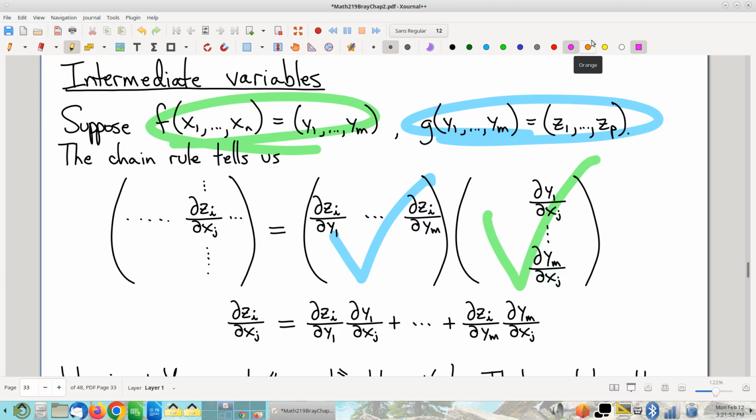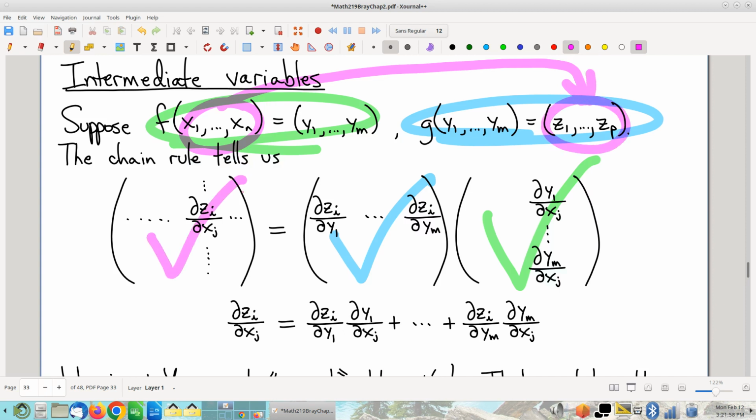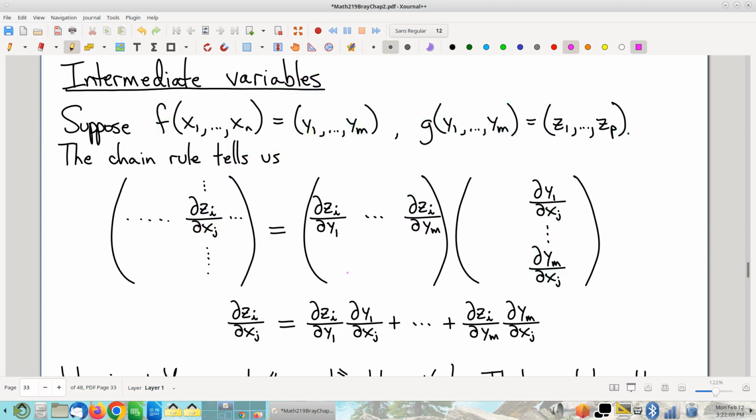And then the composition that takes the x's all the way to the z's, its derivative matrix is like that, made up of the partials of the z's with respect to the x's.